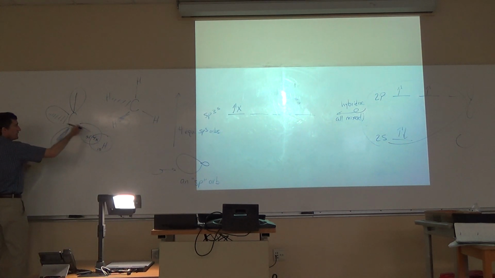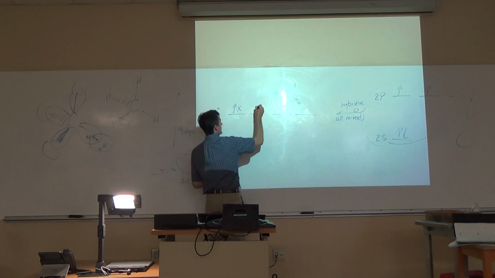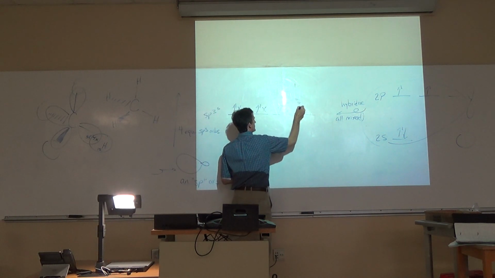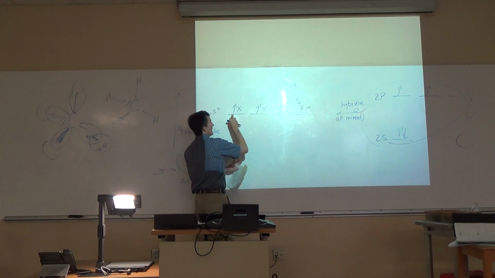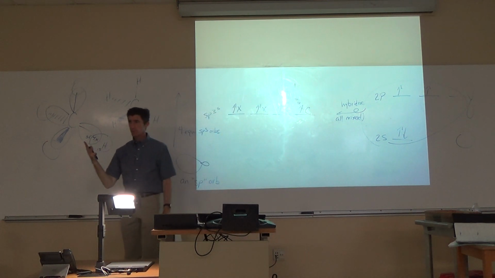Okay, what's going on here? 4, okay? Boom, boom. I'm not going to complete that, it's the same as this. We got 4 identical bonds here, okay? Boom, boom, boom. The arrows are the 4 valence electrons that carbon brought in.